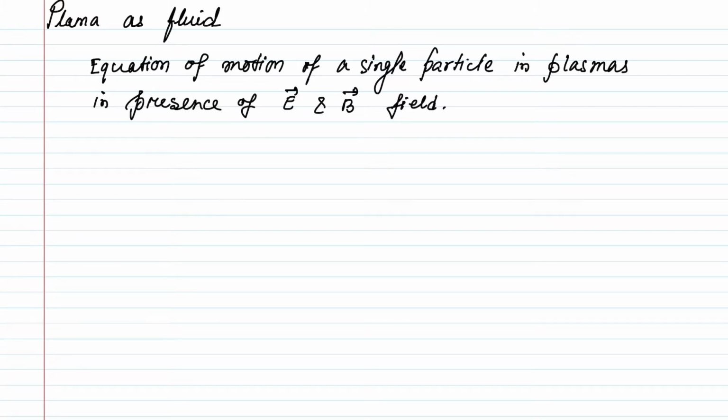That equation is m dv by dt is equal to q into (E plus v cross B).